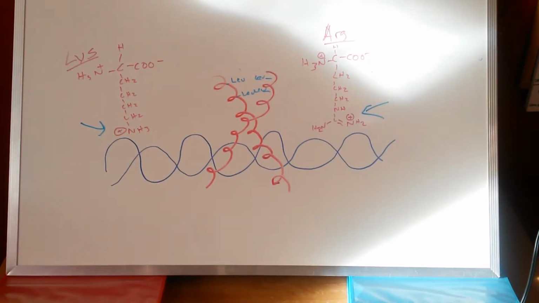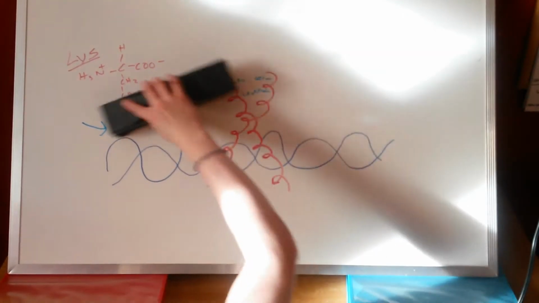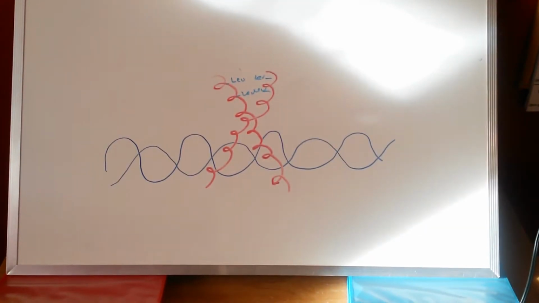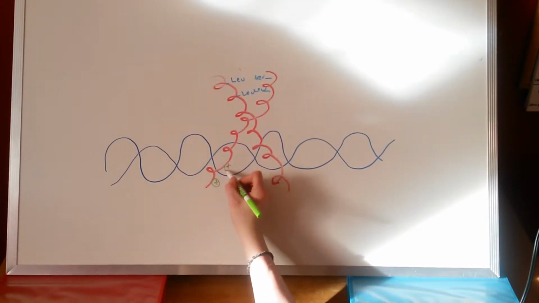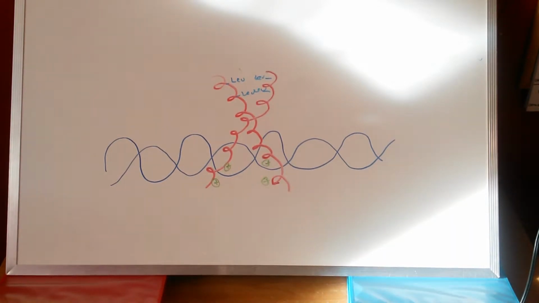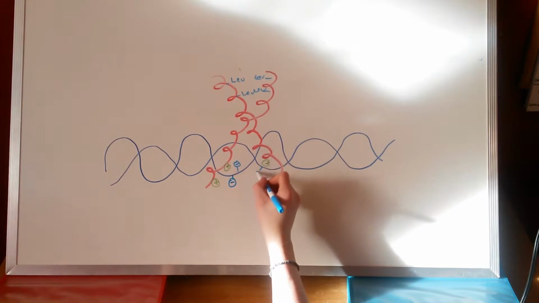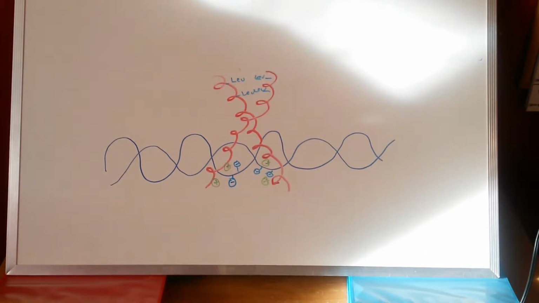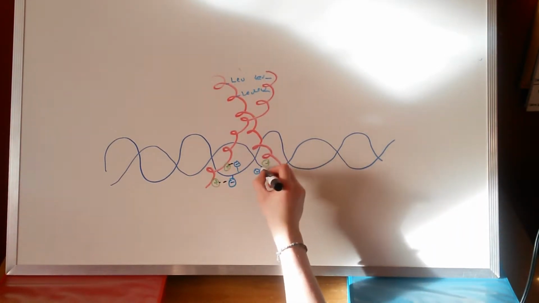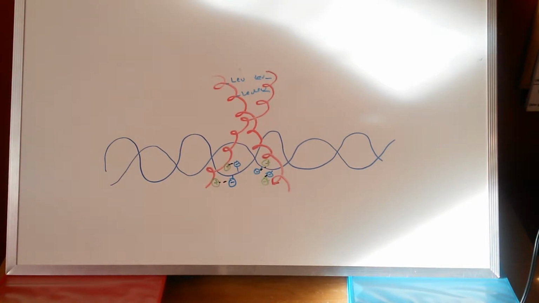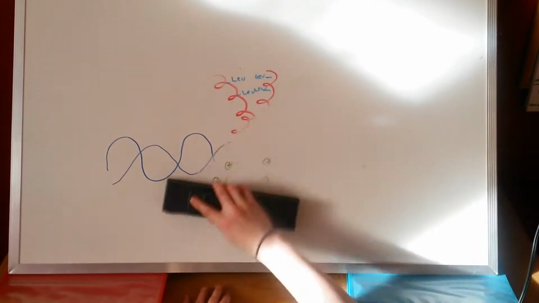Now, since DNA is negatively charged, due to the phosphates on its backbone, a strong electrostatic interaction occurs between the basic region of the leucine zipper and the DNA helix. Through these interactions, the leucine zipper is able to bind to DNA and act as a regulatory protein, activating or suppressing certain genomic functions. In this case, the leucine zipper plays a part in cell growth.